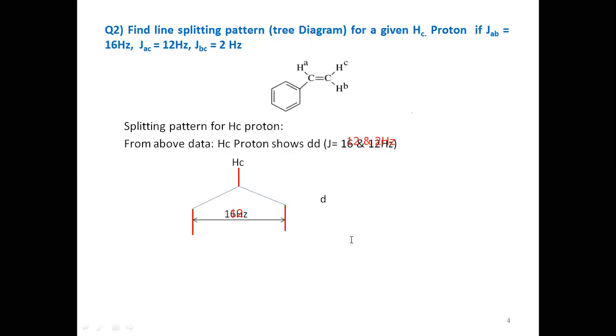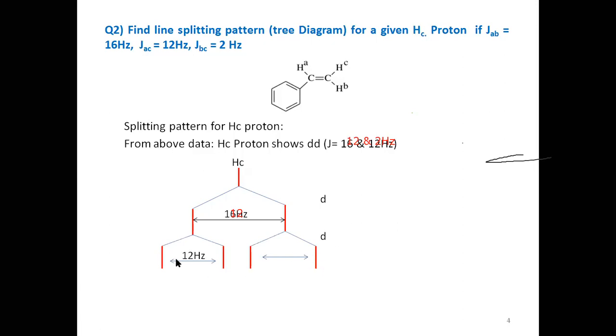Yes. Then again it is split, here with 2 hertz, into two lines. That is the doublet of doublet. And what is the J between them? Yes, 2 hertz, that arrow is showing 2 hertz. Here I think it is written 12, so instead of 12, it is 2 hertz.